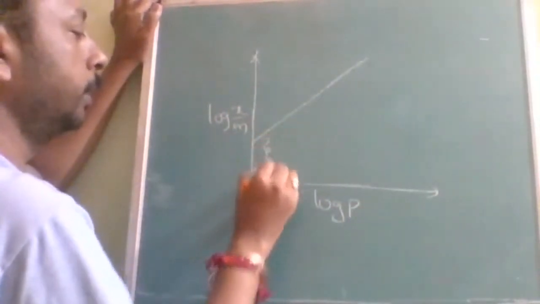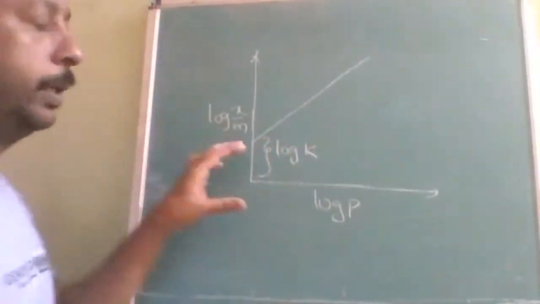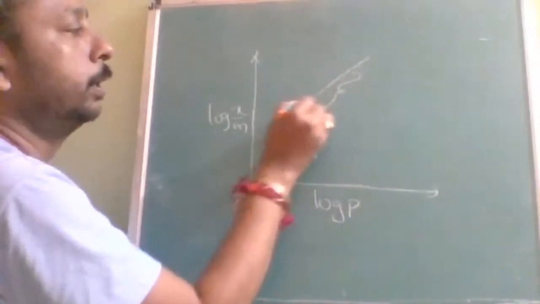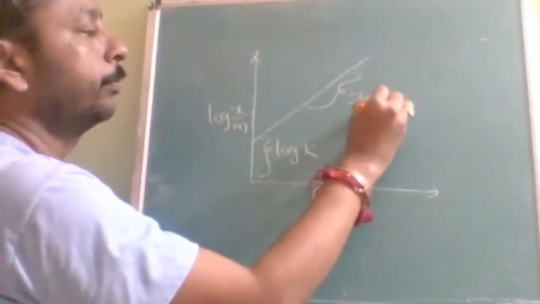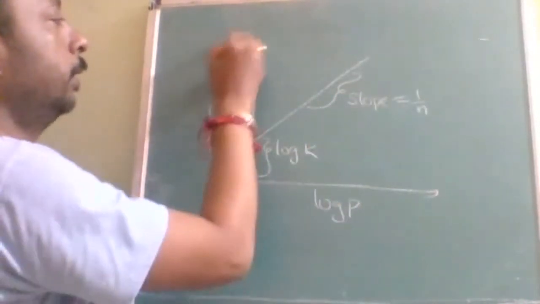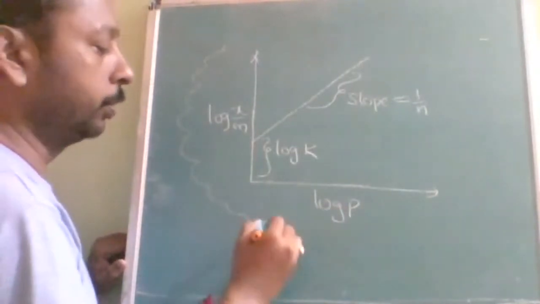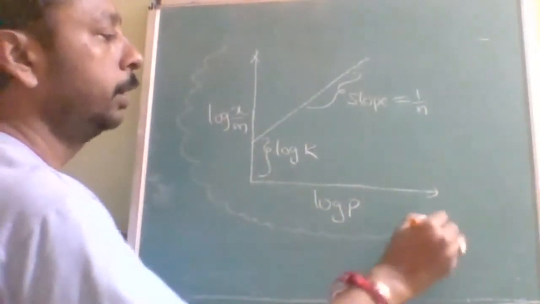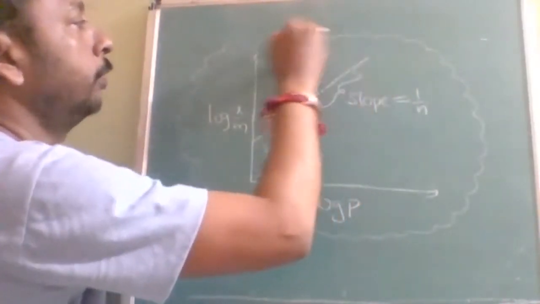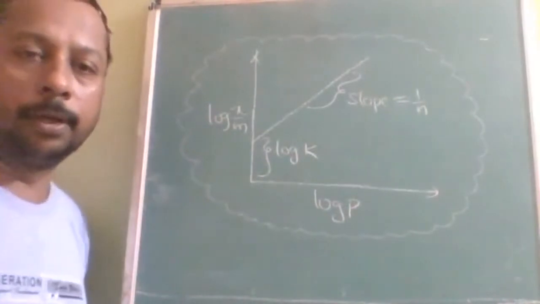This is the y-intercept, equal to log k, and the slope of this line is equal to 1/n. So this is the conversion of Freundlich adsorption isotherm from the non-linear graph to the linear graph by application of logarithm.